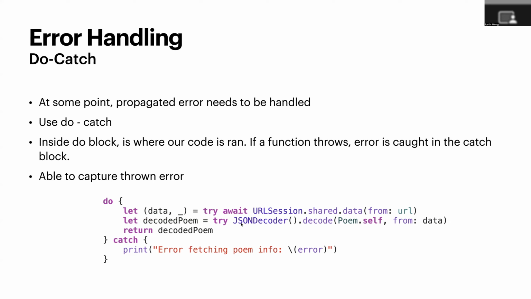All of the properties need to match the ones from our JSON for the JSON decoder to match them one to one. But if it's not able to do that, if I have a typo in one of my property names, then instead it's going to throw an error. And if it does throw an error, we catch it here in this block, and we can do error handling as we see fit.